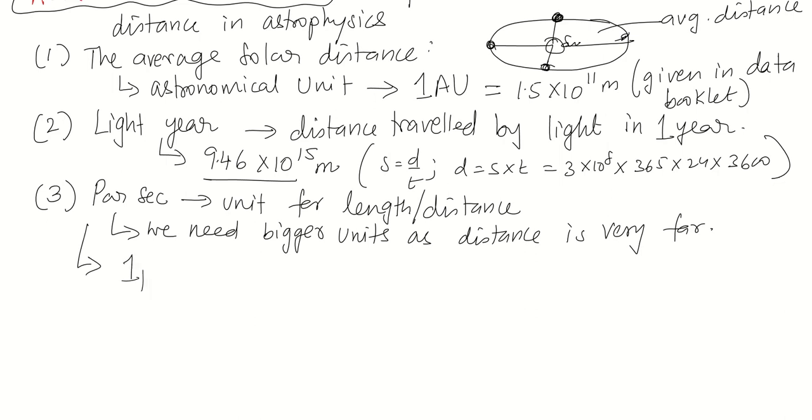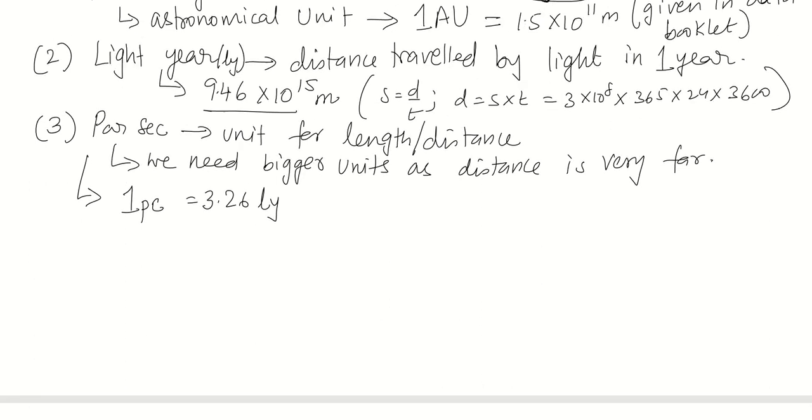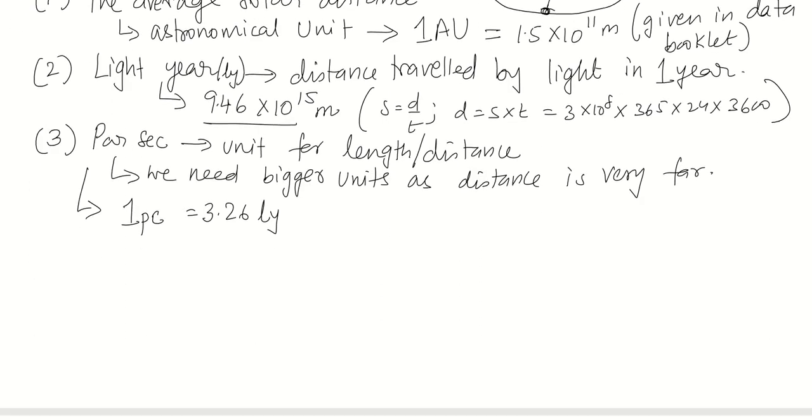So 1 parsec, PC, is equal to 3.26 light year. Okay. So light year is technically LY. Anyway, these are all given in data booklet, so you don't have to learn them by heart. You have to just understand what each one of them means. Okay. Right.